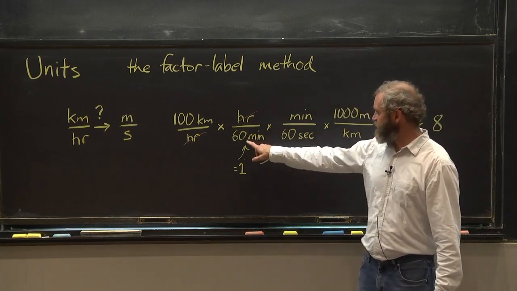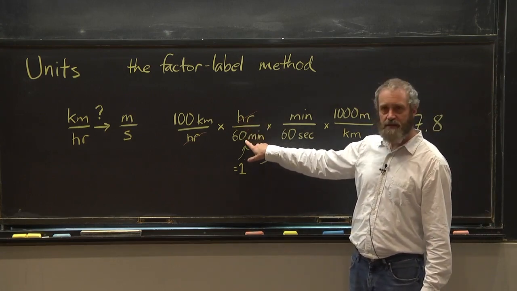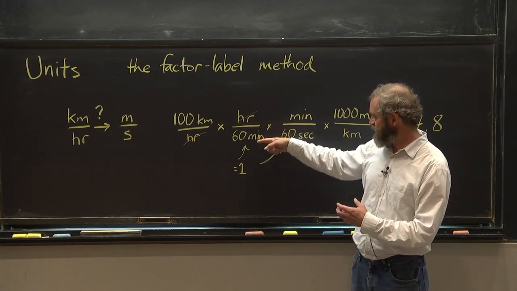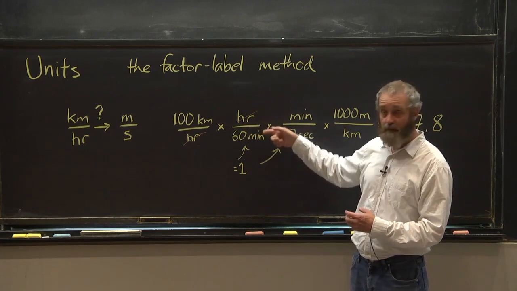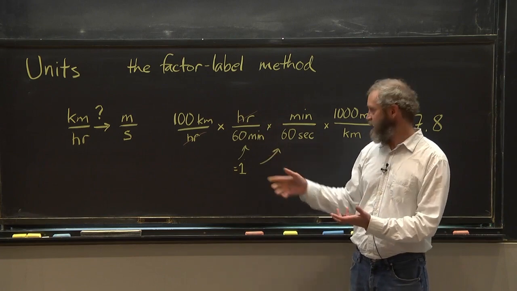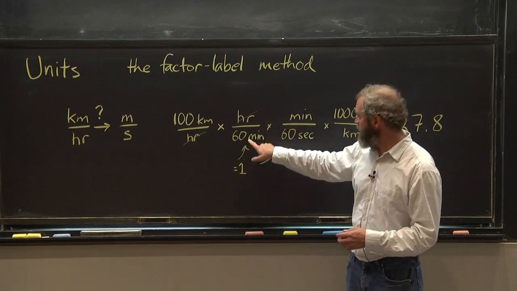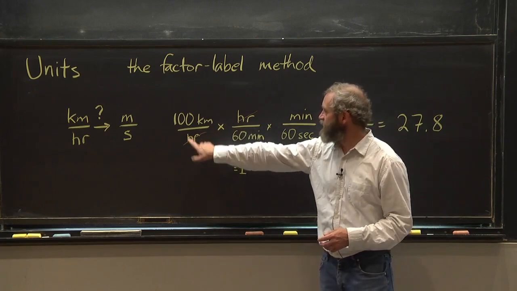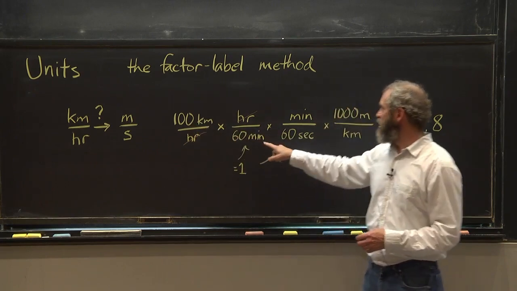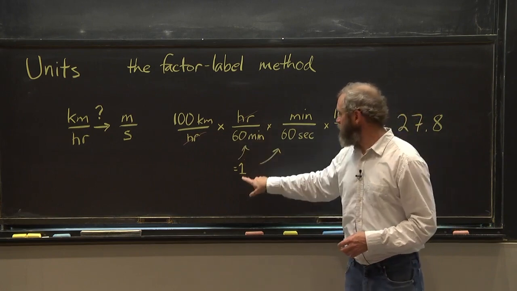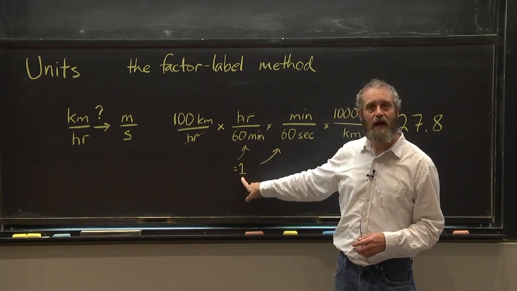Now, because an hour equals 60 minutes, if you take a quantity which is the same on the top and the bottom of a fraction, then that quotient is equal to 1. So by multiplying our original information, which is 100 kilometers per hour, by this conversion factor, we're just multiplying by 1, and so we're not actually changing the value at all.